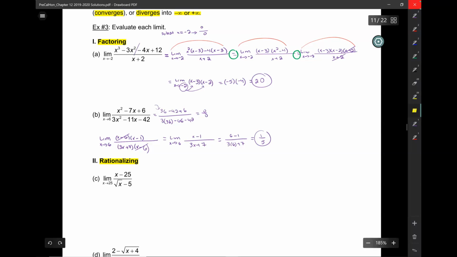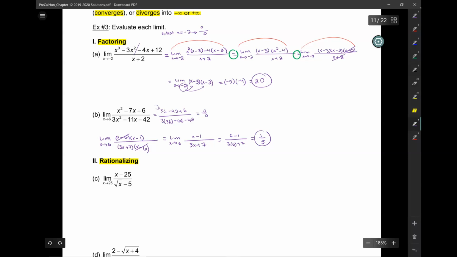I have the limit as x approaches 25 of (x minus 25)/(root x minus 5). So when I plug in 25 into the numerator, 25 minus 25 is 0. Root 25 is 5, minus 5, 0. I get 0 over 0. This is indeterminate.